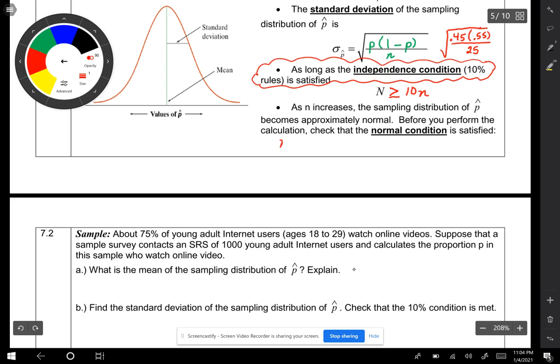The sample size times the population proportion has to be greater than or equal to 10, and the sample size times 1 minus p has to be greater than or equal to 10. If those two are met, and that's called the large counts condition, then you can say that it's approximately normal.